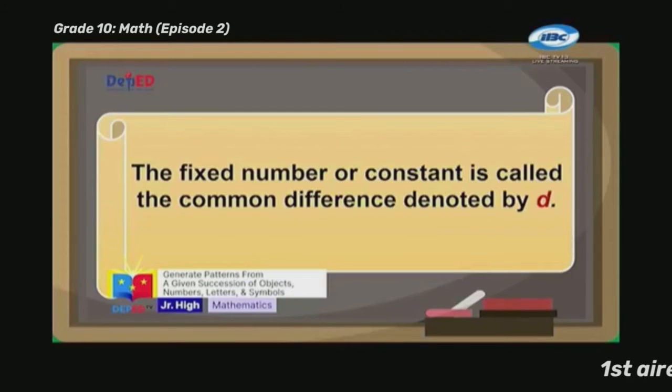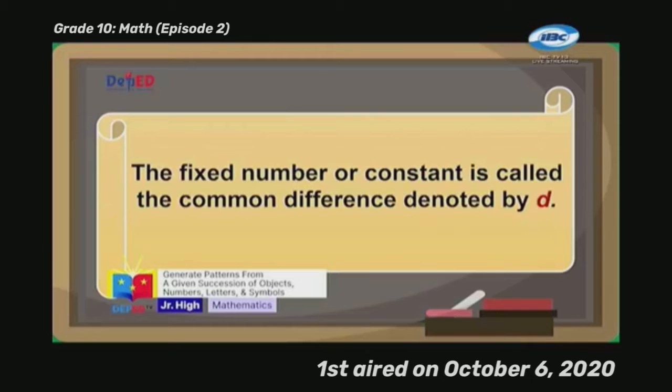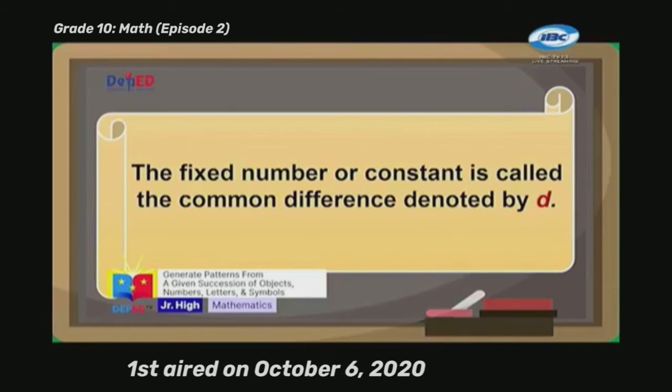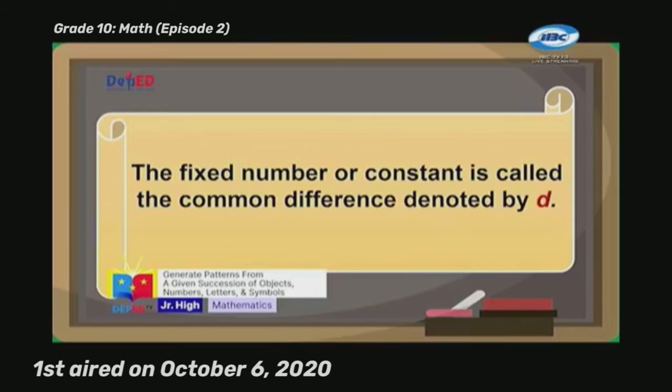And the fixed number or constant is called the common difference, denoted by the letter D.